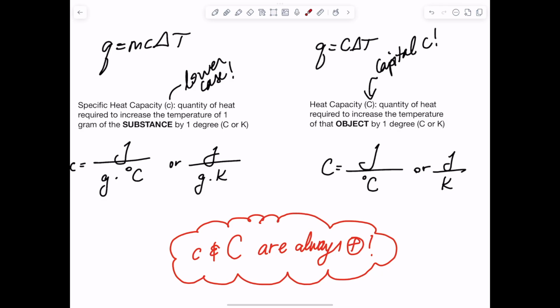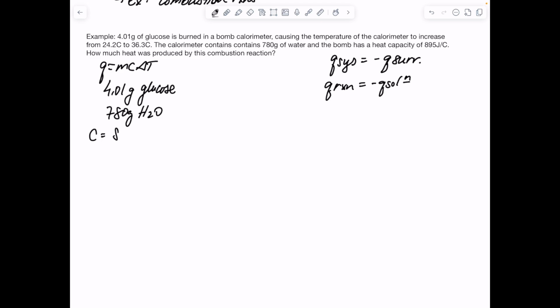The bomb has a heat capacity of 895 joules per degree Celsius. T1 and T2, we can write those out: 24.2 and 36.3. And it's asking for Q, so Q of the reaction. This Q is essentially what we're looking for. So we need to solve what this Q solution is.